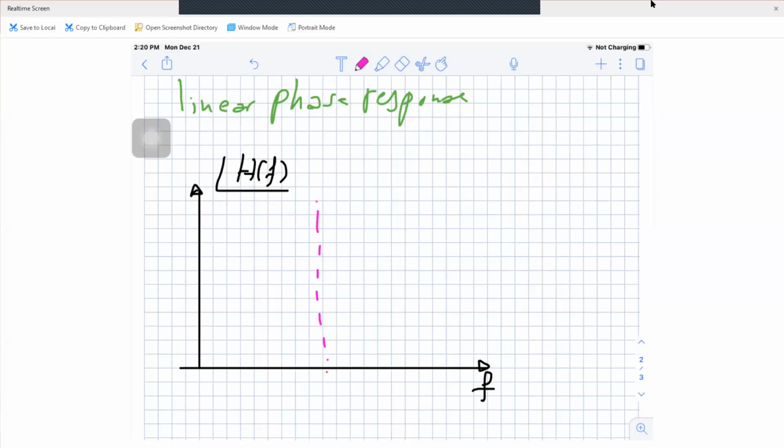Say this is the cutoff frequency. Now, the phase from 0 up to FC must be linear. We are looking for the phase to be linear in this region, from 0 up to FC. Why? This is the passband region.